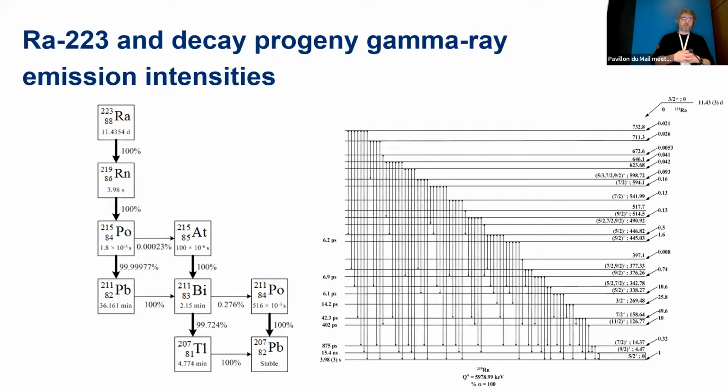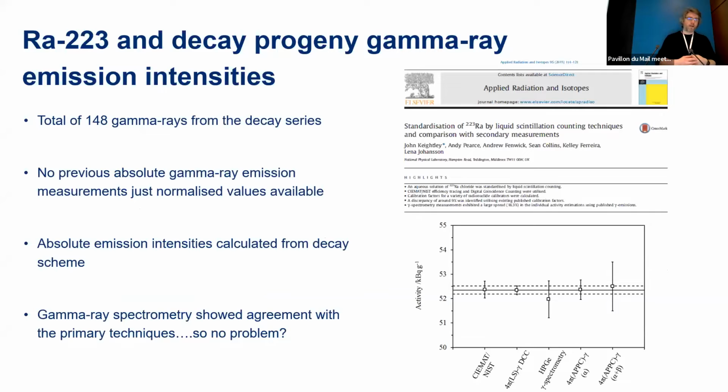Radium-223 is quite complicated on its own. It has a lot of alpha decay pathways, followed by a long series of gamma rays. It's about 100 or so gamma rays in the whole decay scheme, but there's a total of 148 gamma rays from the entire decay series.